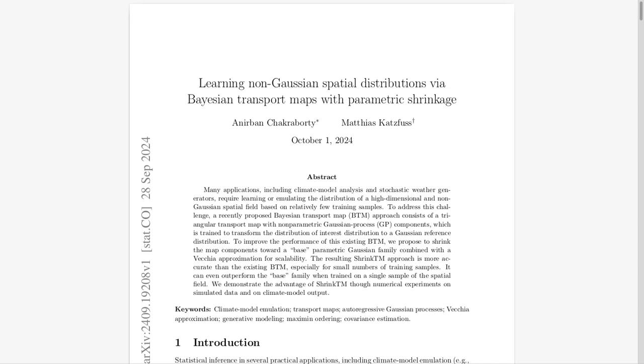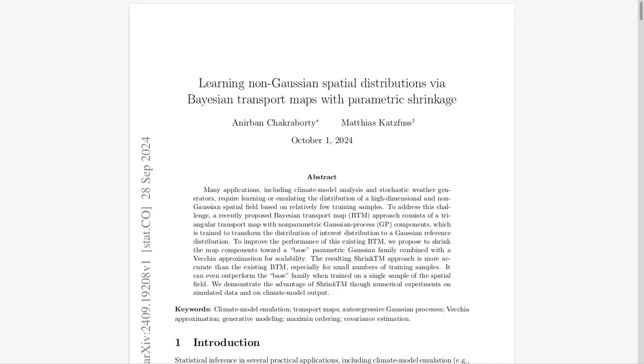Okay, that makes a lot of sense. So ShrinkTM doesn't start at zero. Exactly. It starts with a simplified model, kind of like a generic starting point, and then it uses the very limited data you do have to refine it, adjust it, and really make it fit the specific situation you're looking at.